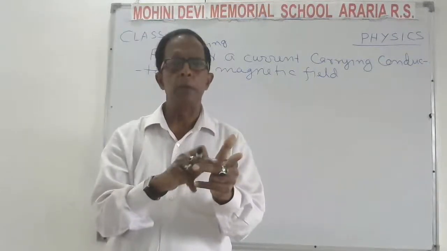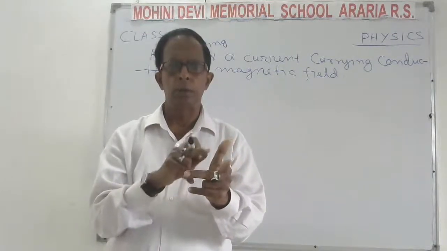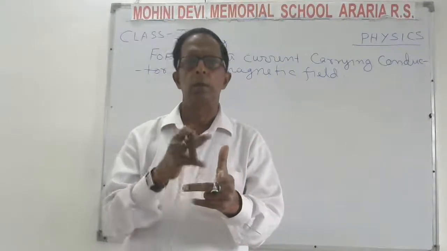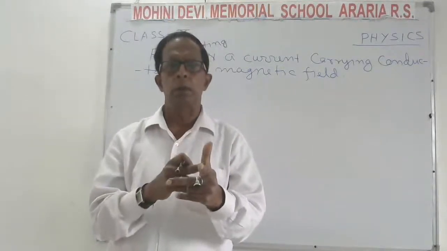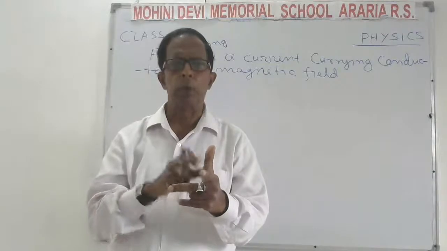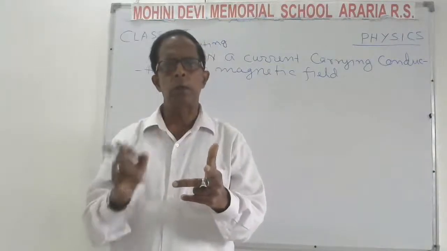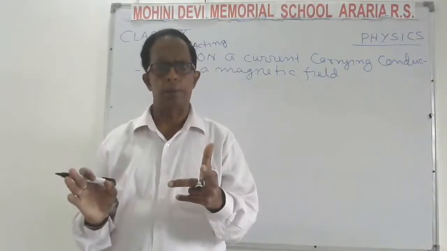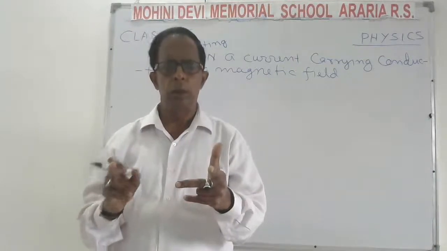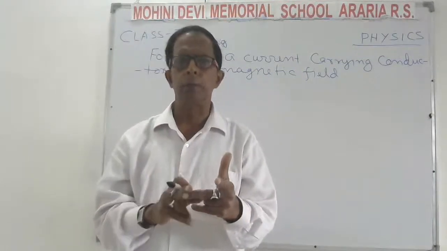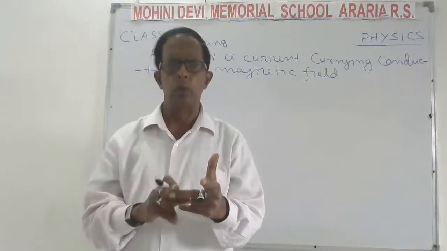The middle finger shows the direction of the current, then the thumb indicates the direction of the force acting on the current carrying conductor. Yes, my students, this is the Fleming left hand rule.